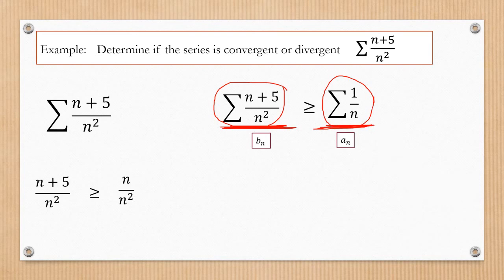Now, whether you want to prove that Bn is convergent or divergent will be up to you.